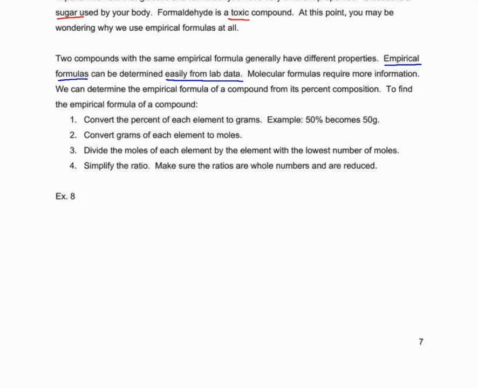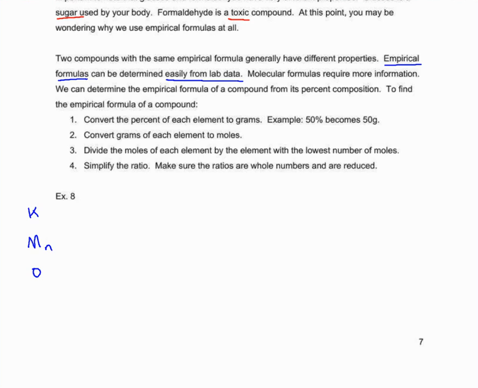So in this first example, we're going to look at something that has 3 elements involved. It has potassium, it has manganese, and it has oxygen. You could just Google it and find a chemical formula, but there are 3 or 4 different ways that you could put these 3 elements together.